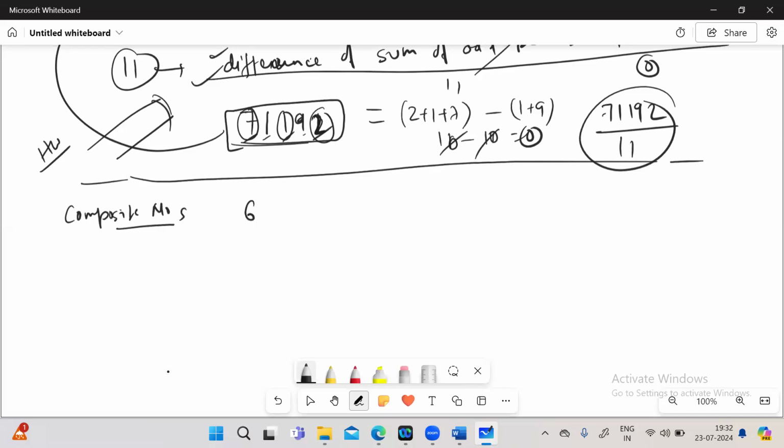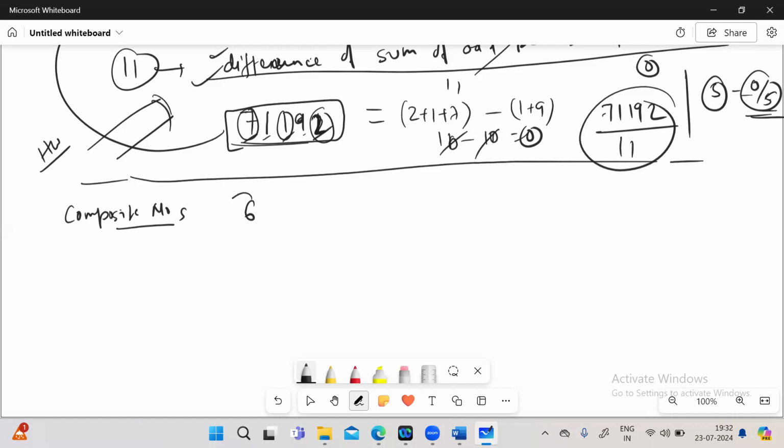Like 6. And acha, for 5, you all know. For 5, what should it be? Either 0 or 5, because the last digit should be 0 or 5, because any 10 is divisible by 5.